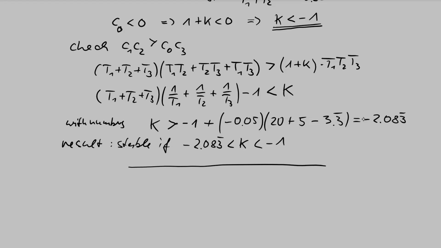On the k-axis, we have here a 0, here a -1, and here a -2.083. Then we can say, okay, k must lay within this range. Here we have stability, and this is unstable, and this is unstable.